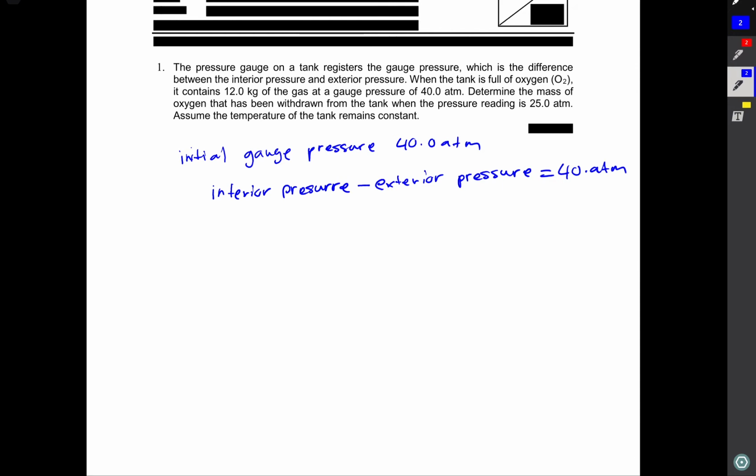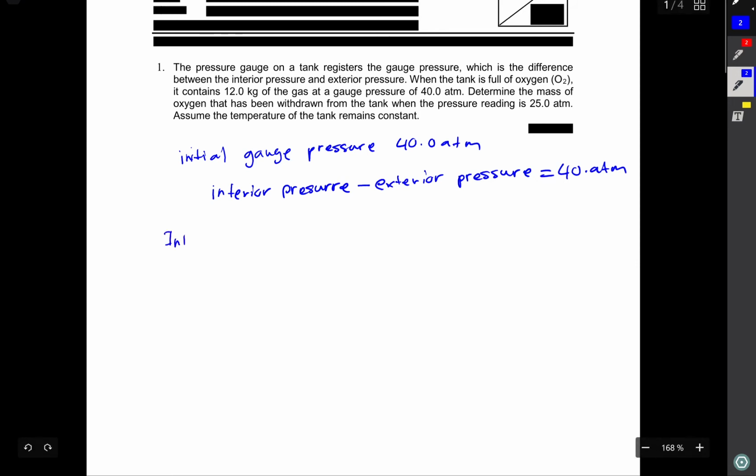In a thermodynamic system, the pressure that we always use is the interior pressure, the pressure of the system itself, not some correction pressure. This is a correction pressure, basically just to zero the gauge whenever we are at atmospheric pressure. So this is what we're looking for.